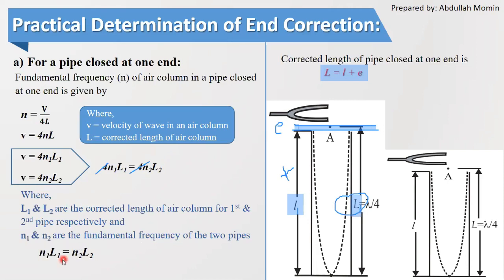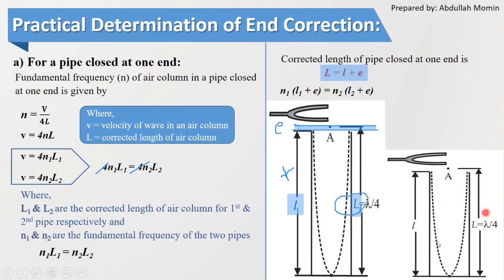So instead of capital L1, we are going to put a small l1 plus E, that is the total distance. So in N1, instead of capital L1, we are going to write a small l1 plus E.